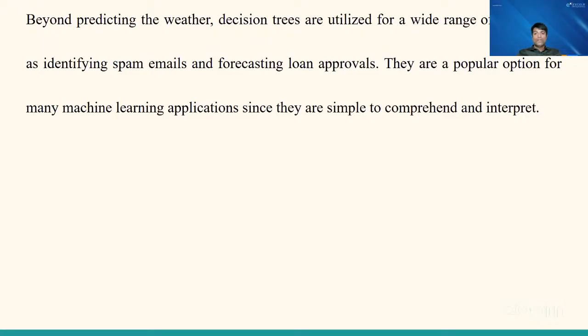For example, loan approval, or whether a transaction is fraudulent or non-fraudulent. To identify risk assessment, decision trees and random forest are among the best algorithms for that task.